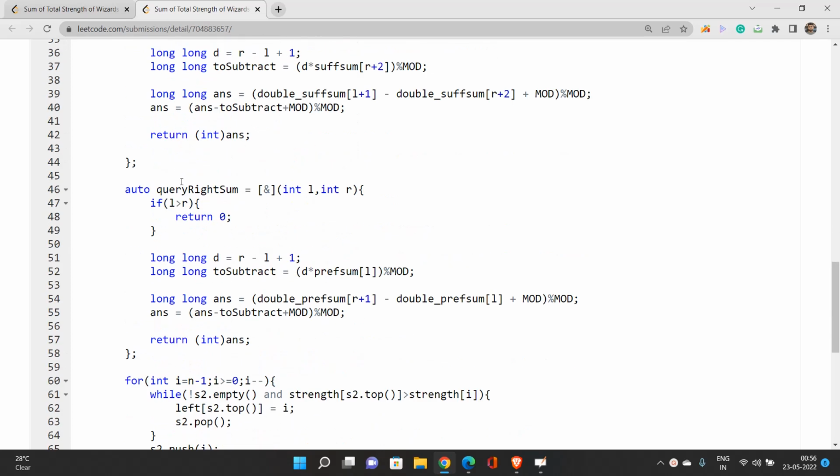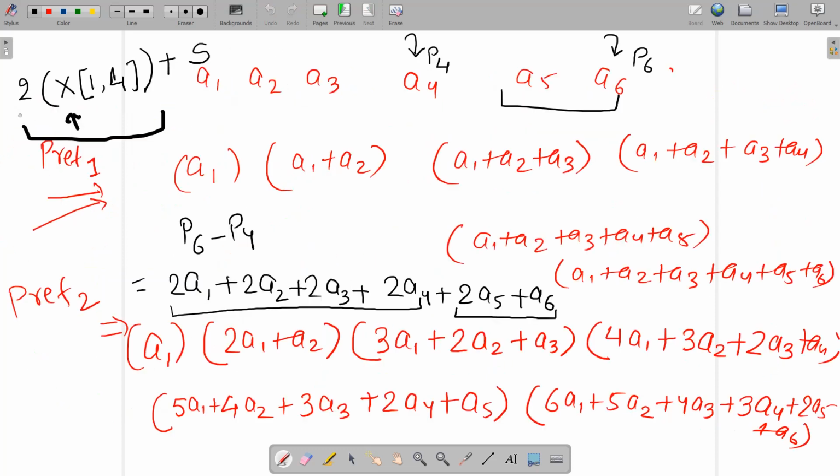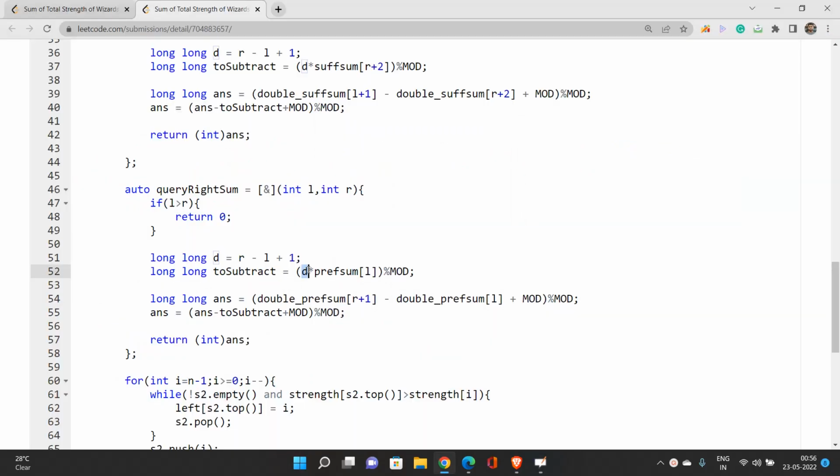So suppose I am going to deal with the right. I will first calculate the length of the interval, and this is the amount that we need to subtract. As I've already said, I need to subtract the length multiplied by the prefix sum. So this is what I have done. Length D is the length of the interval multiplied by prefix sum.